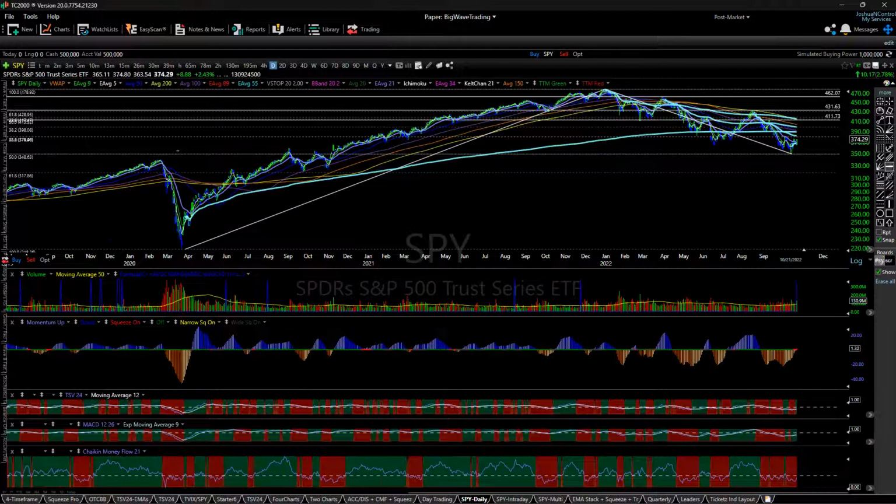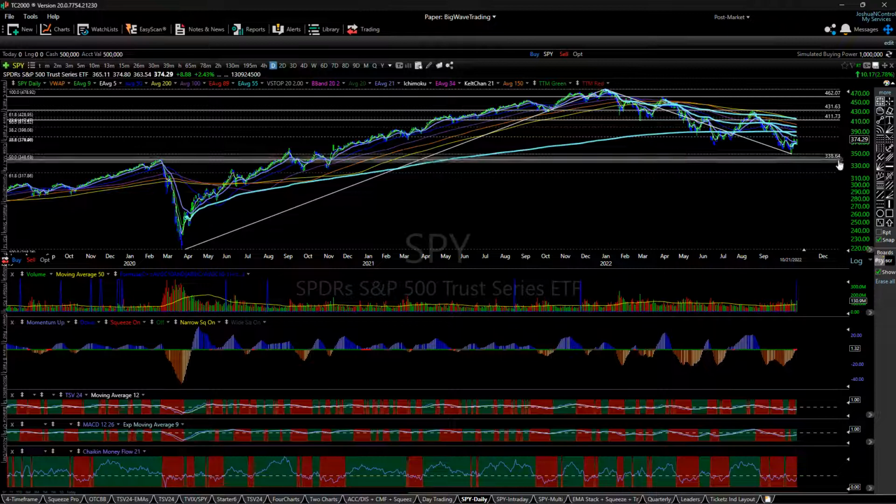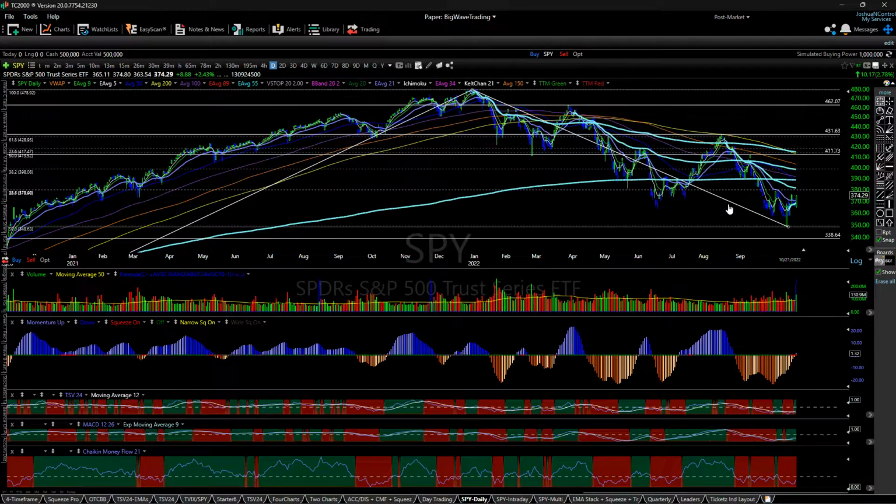Now, on the support side, we can start putting in some key levels here. So we can start seeing here, ultimately putting my neck out on the line, I've always thought this market was going to bottom somewhere around SPY 340. You guys know that I've been waiting for a close of SPY at 350 to do the 50% add to the long-term portfolios.